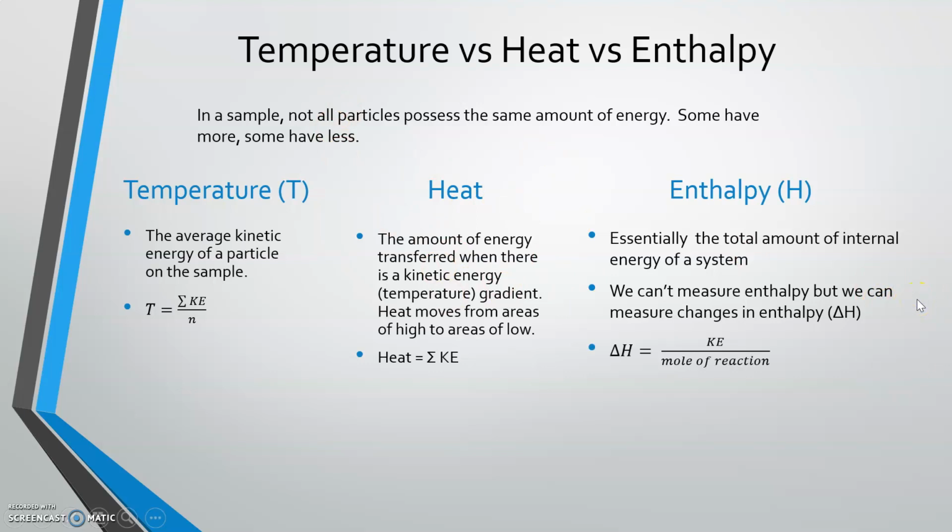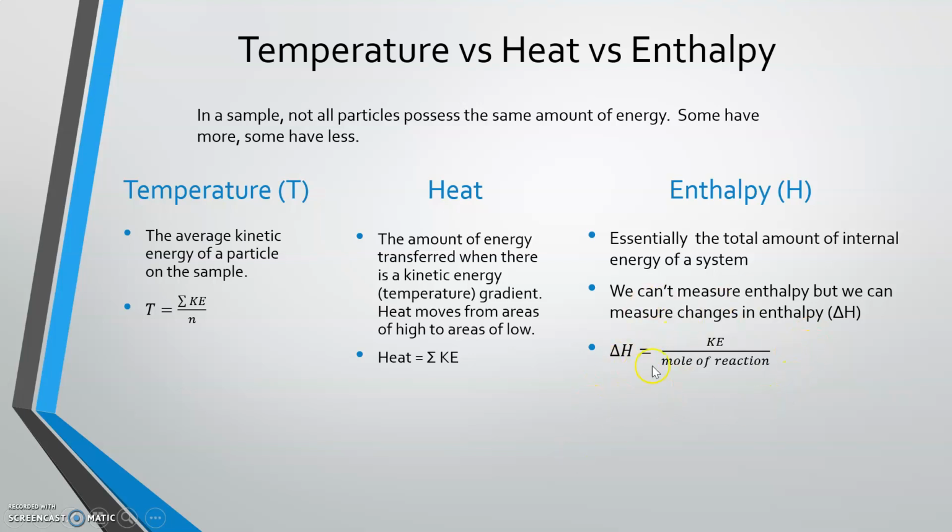Delta H, enthalpy change, is really the sum of the kinetic energy per mole of reaction. So delta H is usually expressed as kilojoules per mole. For energy, we use the unit joule, if you remember, to describe that.